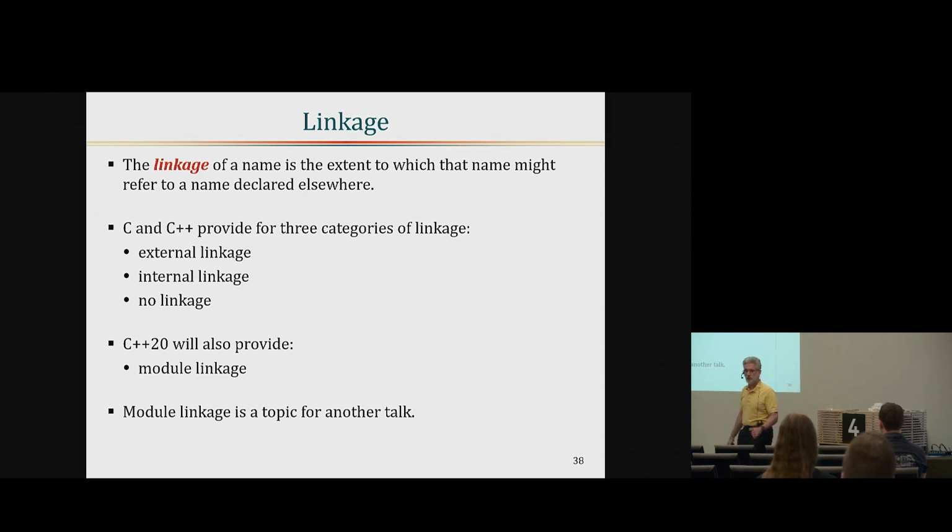But one of the things that I want to suggest is that those of you who are going to be working in C++, as you tackle your new understanding of modules, make sure that you have a good underlying model of what modules are doing in terms of storage duration and linkage, because that's where the key insights are going to be.